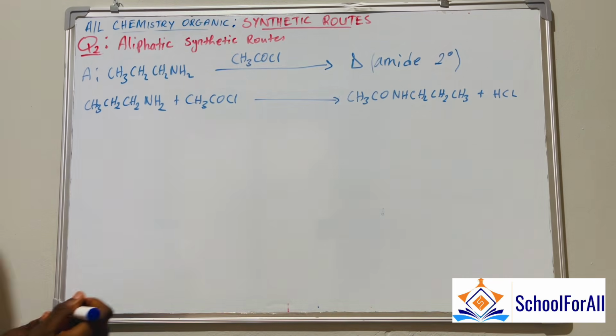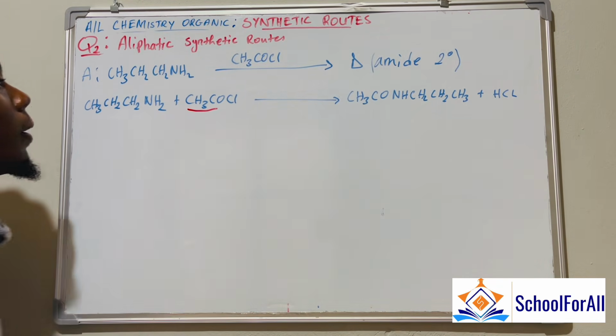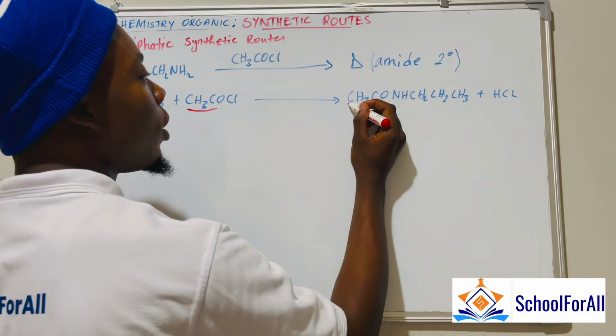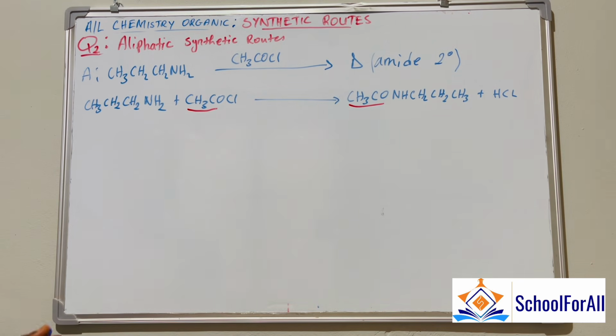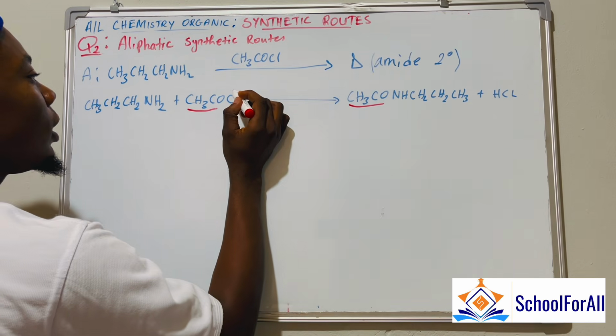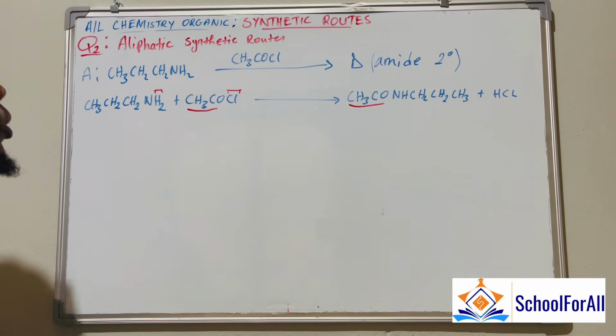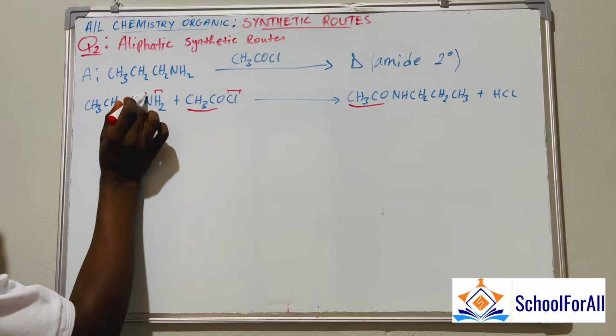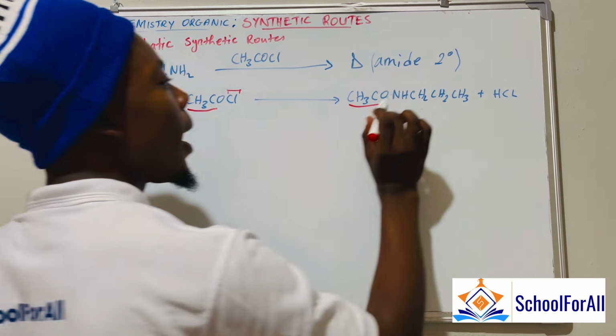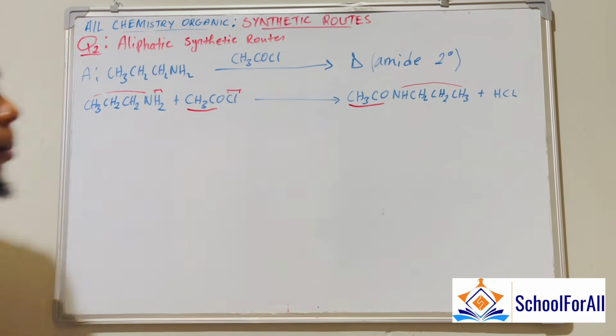So what actually happens in the reaction is that I will maintain this here. But now I am replacing this chlorine with one of the hydrogens, and now this part will come back here. So that is the principle.